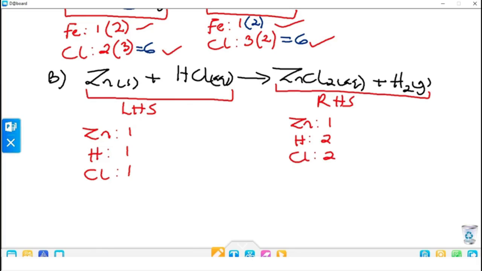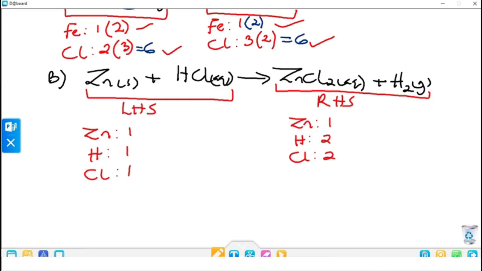It is clearly seen now that zinc is balanced left and right, but hydrogen isn't and chlorine isn't. So how do we make the hydrogens and chlorines at the right hand side balanced with those at the left hand side? To do that, we simply have to put 2 in front of HCl.